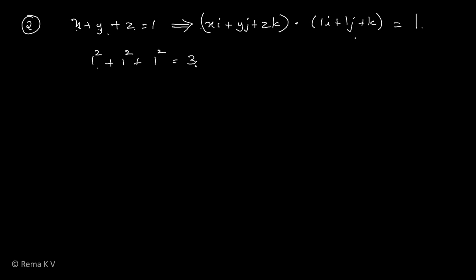Since this is not a unit vector, we can write this as r dot vector n is equal to d. If you have to get these as the direction cosines, this must be n cap. That must be a unit vector. So how can you change this to a unit vector?